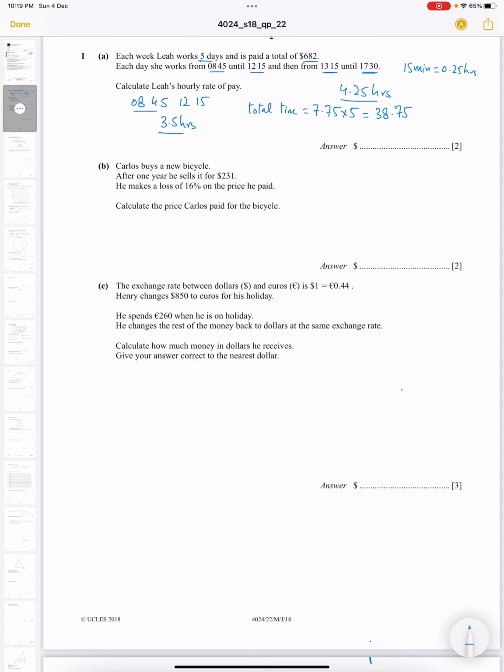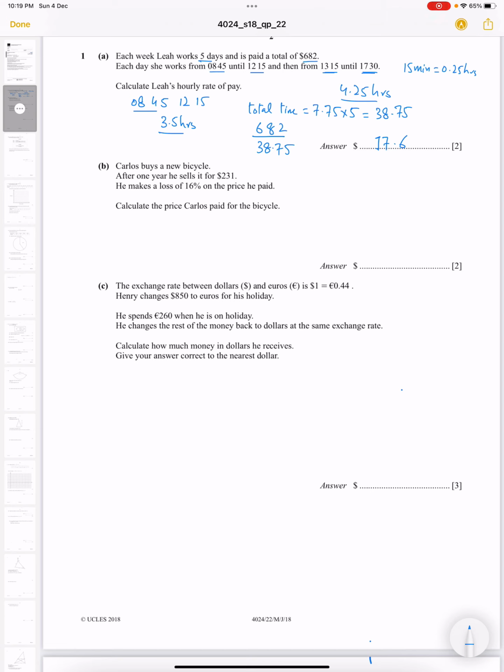If we divide 682 by 38.75, we get $17.6. So we did 682 divided by 38.75 and it is $17.6 hourly income. Next question.